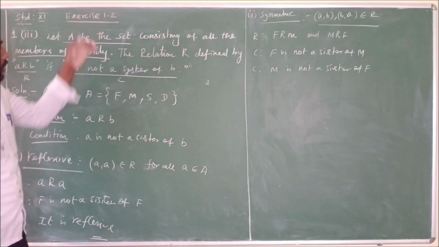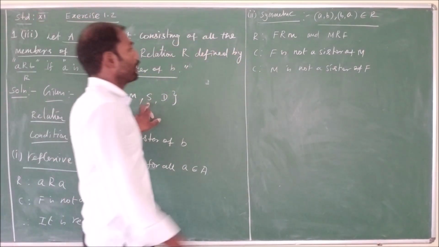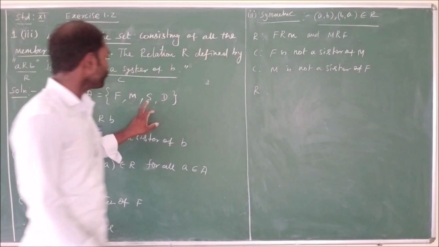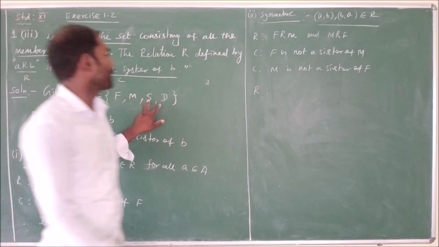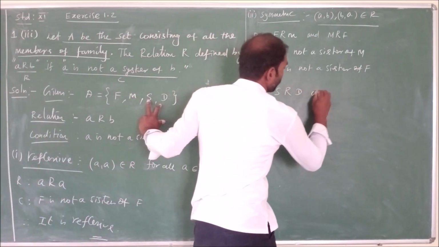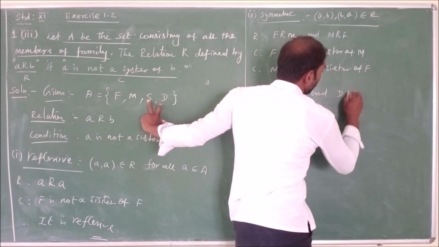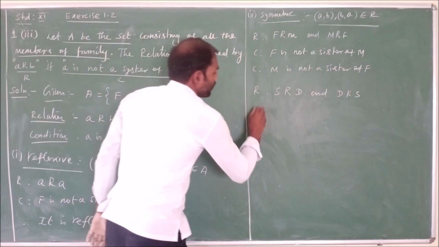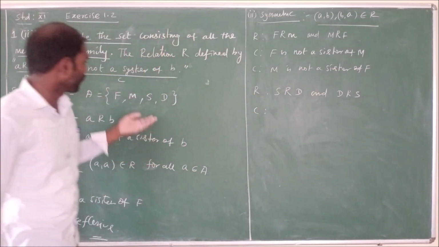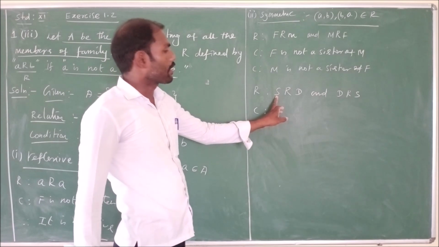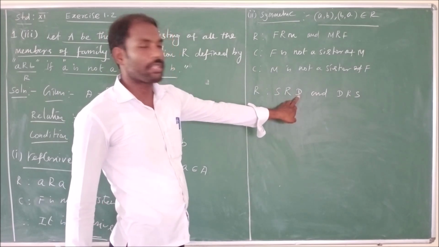But check another pair: son and daughter. Son related to daughter and daughter related to son. Applying the condition for this pair: first, son is not a sister of daughter.